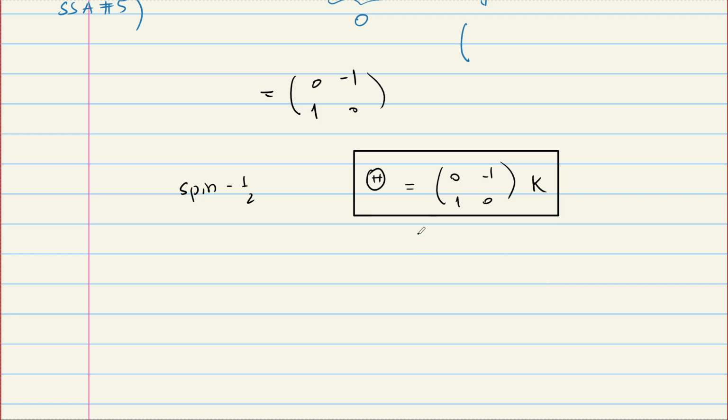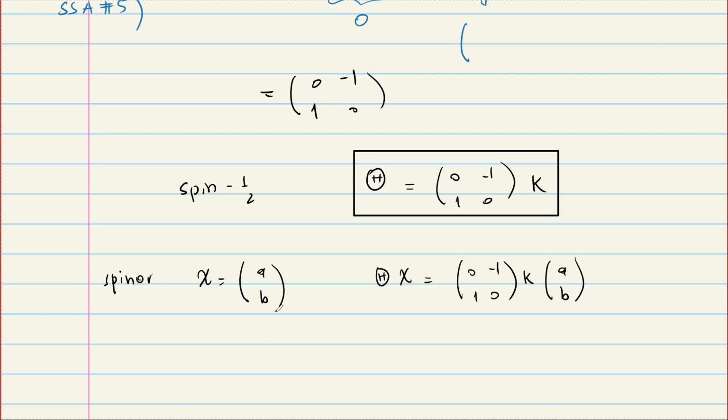So now let's see what this time reversal operator does to spinors. Let's consider a spinor, let's say chi with components a and b, and I want to act on this with theta. Theta times chi is equal to 0, minus 1, 1, 0, K times a and b.